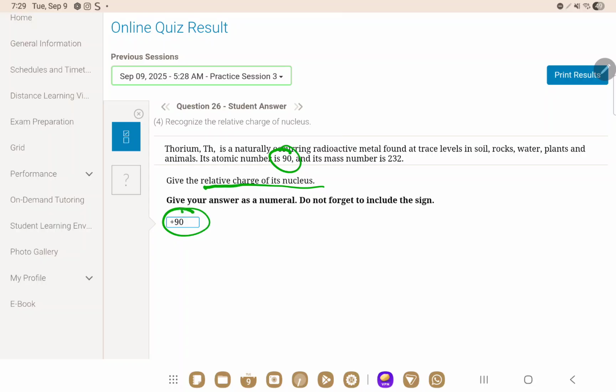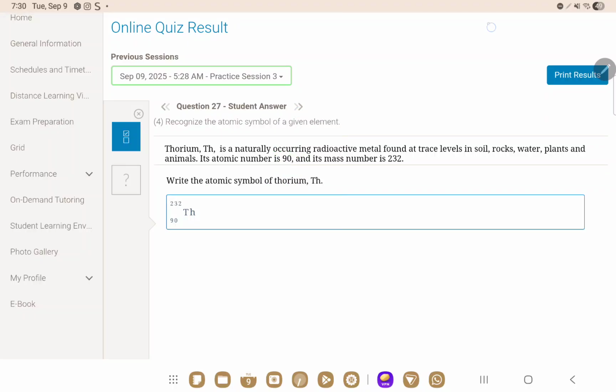As for the charge of the atom, if it is an atom, it is 0. If it is an ion, then that depends on the charge of the ion, plus 2, plus 1, plus 3, minus 3, minus 2, minus 1, whatever. Moving on. For the atomic symbol, we wrote mass number up, atomic number down, and the element symbol is there.